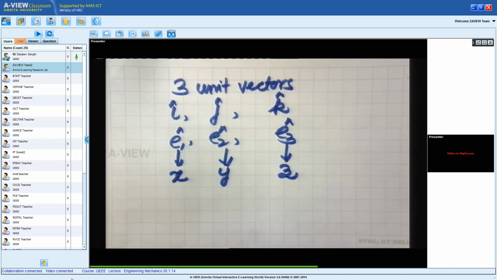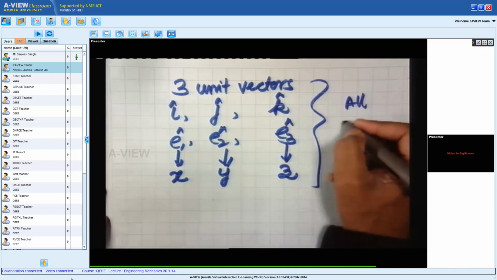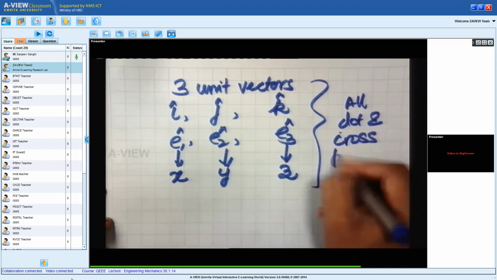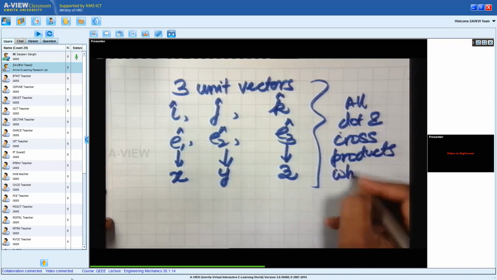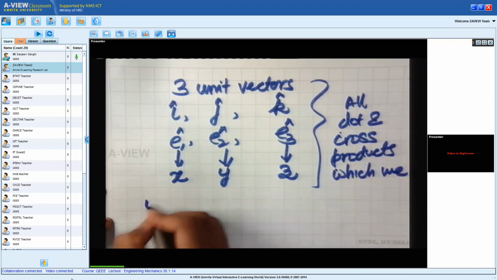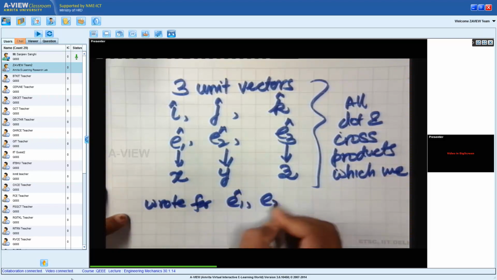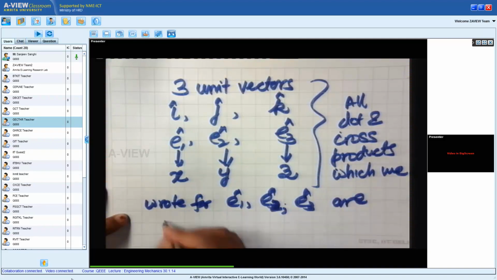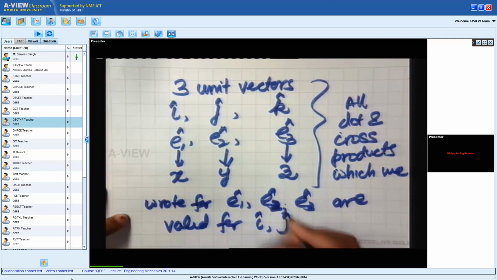And because this is a right-handed system, all the dot and cross products which we wrote for E1, E2, E3 are now valid for i, j, k.